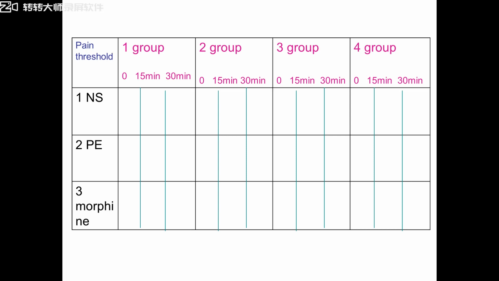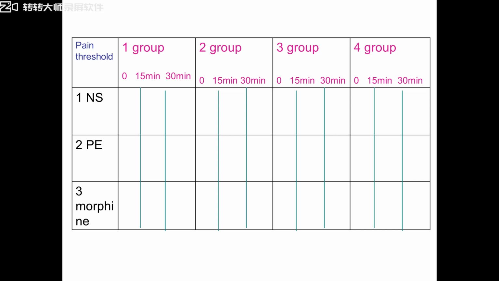Okay. In this experiment, we have known pethidine and morphine have strong analgesic action. Pethidine and morphine are opioid mu receptor agonists. Opioid mu receptor is the main receptor responsible for the central interpretation of pain and analgesia.